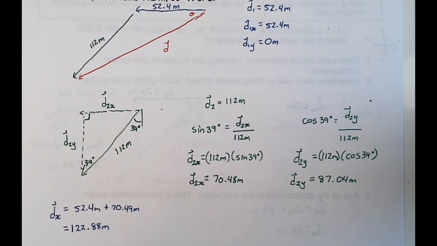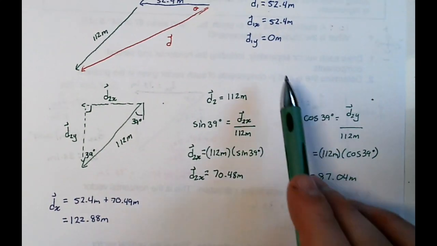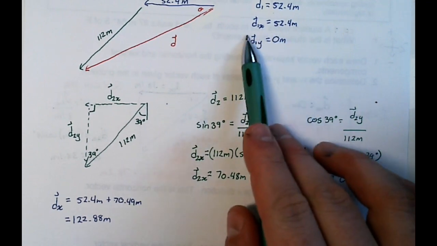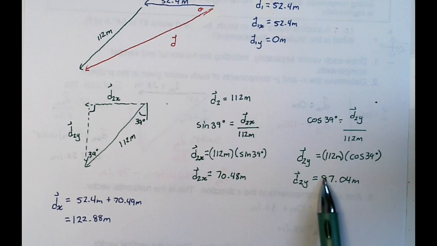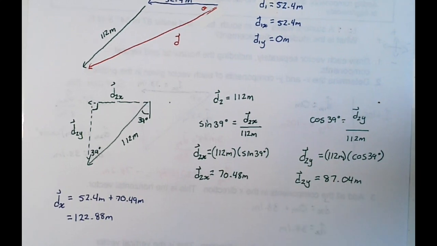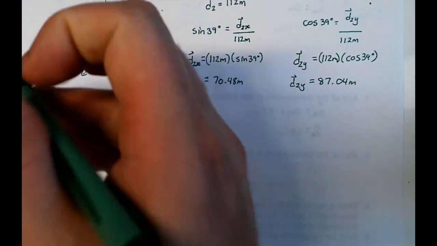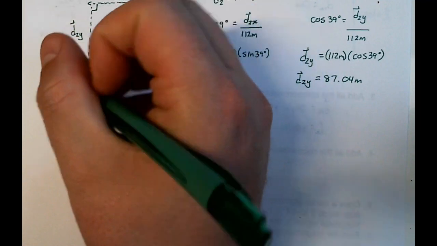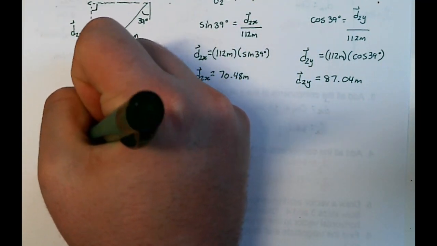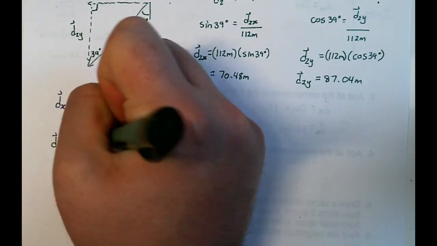We are going to do the same thing for our y component, but in our first leg of the trip, we traveled 0 meters in our y component. So it is just going to be equal to the y component of the second leg of the trip. So our dy, our total vertical distance traveled, is 87.04 meters.